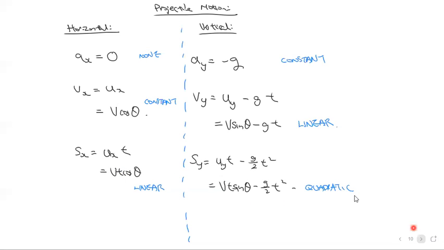Now, we will look at this in terms of your ST, displacement-time, VT, and AT graphs. And we'll do separate ones for horizontal and vertical.